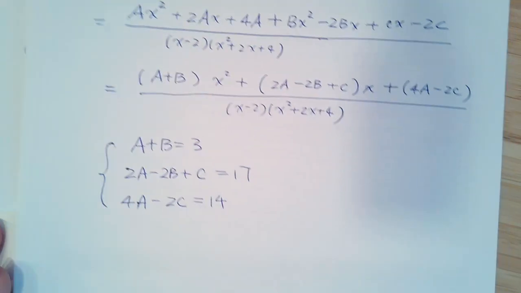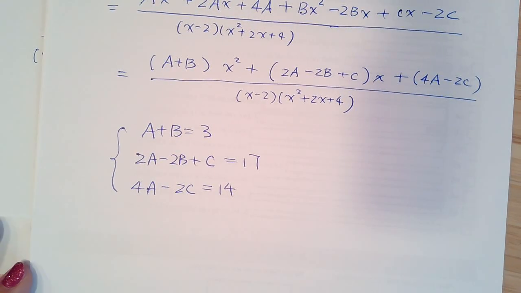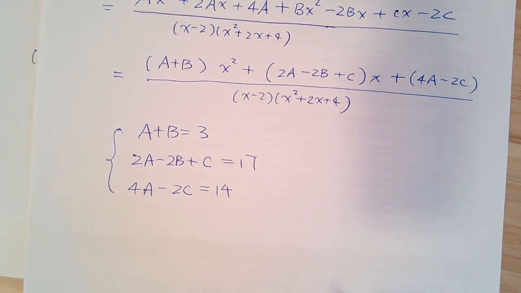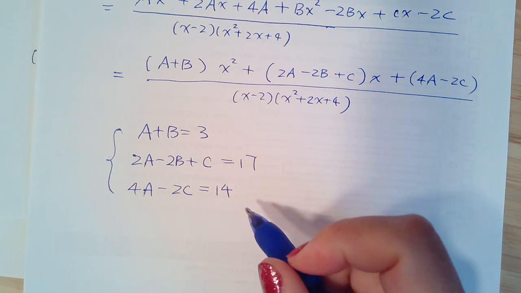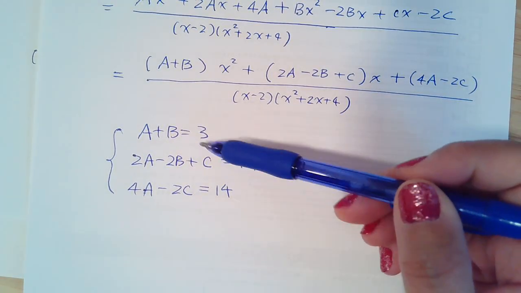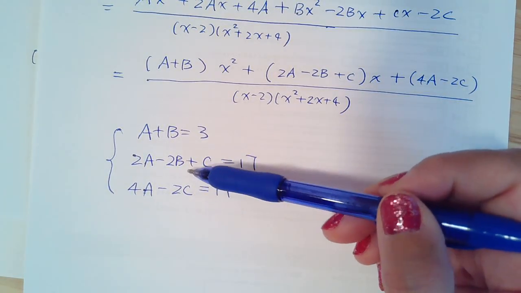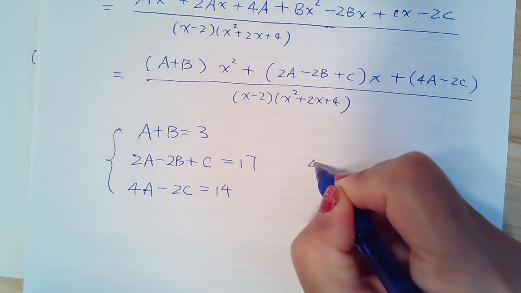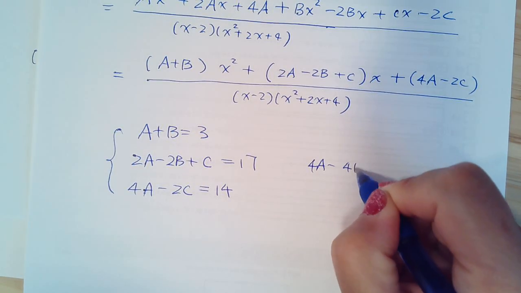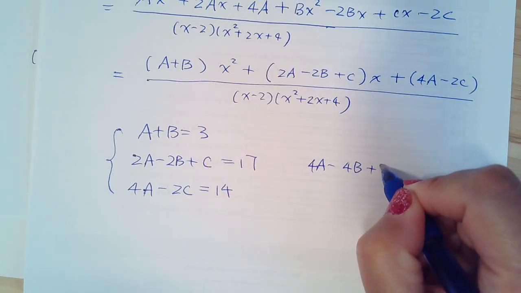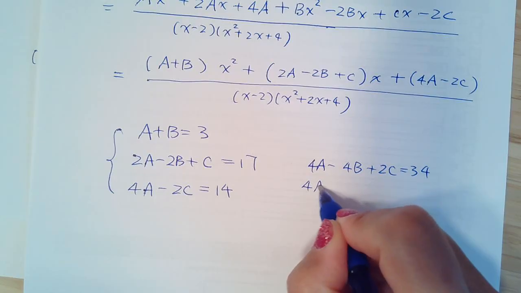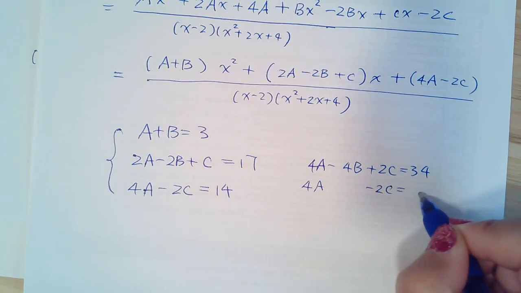All right, so you get this system of equations, and you're going to solve it. If you like, you can get rid of c from here because the first equation has no c. So this one I multiply by 2. I get 4a minus 4b plus 2c is 34, and the bottom is 4a minus 2c is 14.